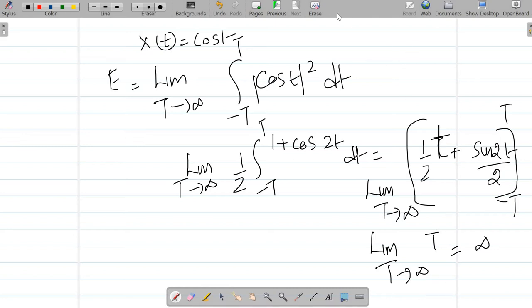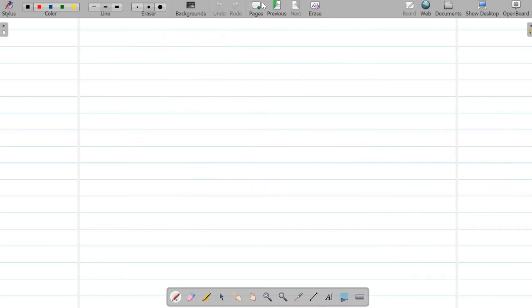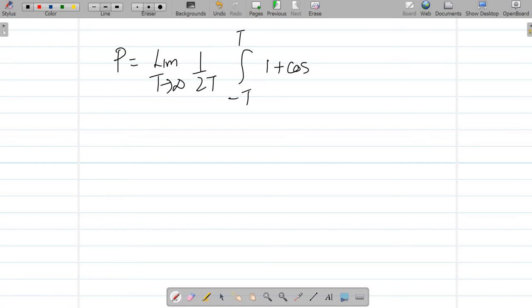So whether it is a power signal, let us try to find through that. Power is limit t tending to infinity 1 by 2t, integral from minus t to plus t of 1 plus cos 2t, and the half comes here, dt.